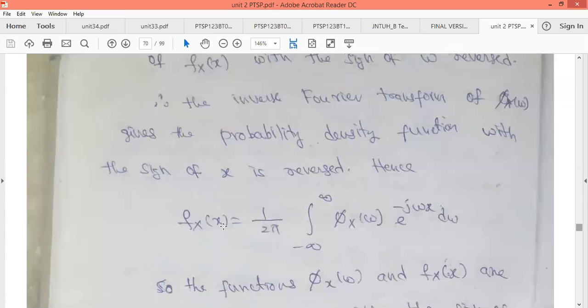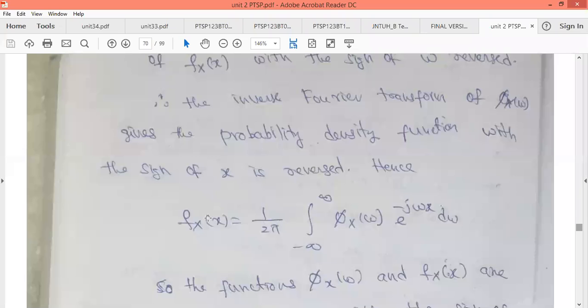Similarly, for the inverse Fourier transform: if phi_X(omega) is given, we can find the probability density function with the sign of x reversed. So once we know the characteristic equation, we can obtain the probability density function with the sign of x reversed.